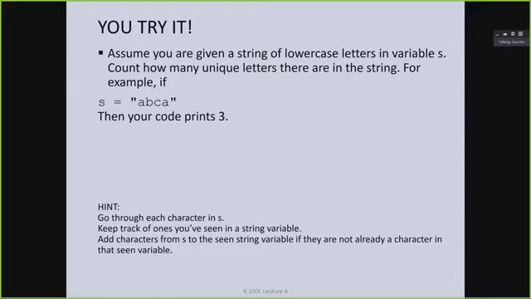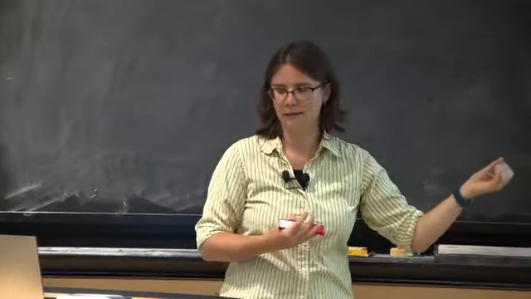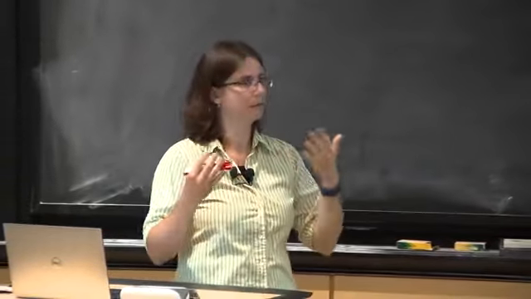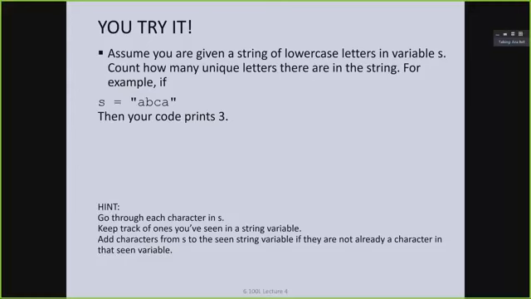So I do have a little hint. It involves the use of an extra variable, as these programs usually go. Try to think about having this extra variable be a string that contains everything you've seen so far. As soon as you see a letter that you haven't seen before, add it to this string variable, marking that you've now seen this letter, and then use this seen variable to write the rest of it.